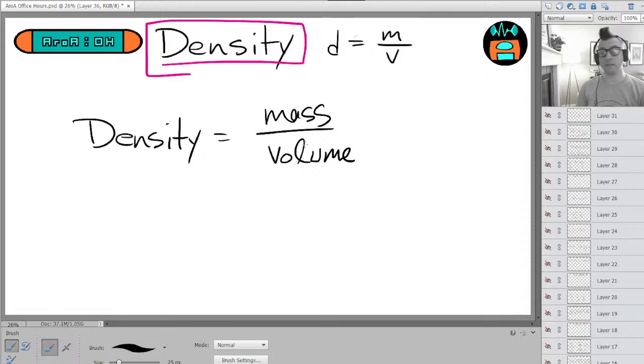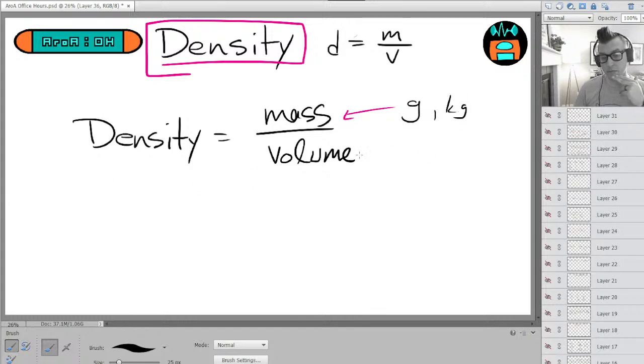A typical unit, so these could be any units, any mass unit, any volume unit. Density can come in many different types of units. But typically, in the numerator is mass, usually in grams, but it can be in kilograms.